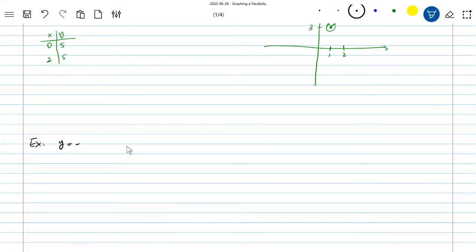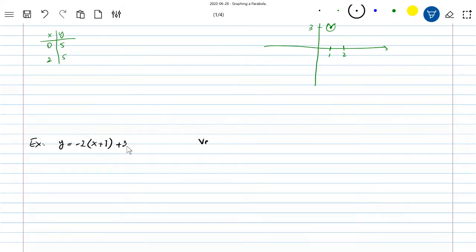Let's say I have minus 2 times (x plus 1) squared plus 3. Let's say I want to pick different numbers, so this way it's easier to see the difference. Okay, let's do this as well.